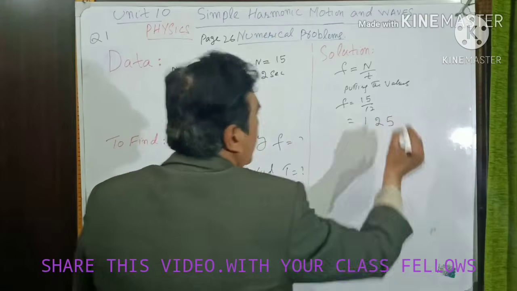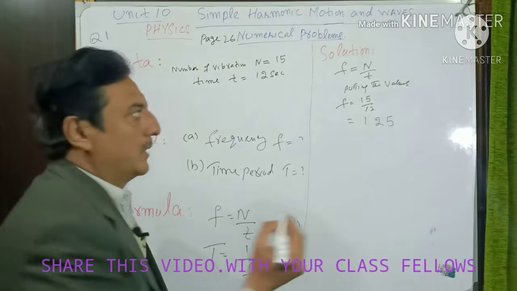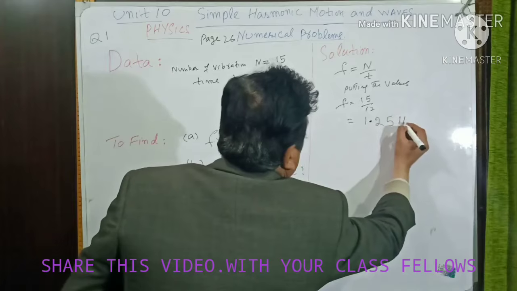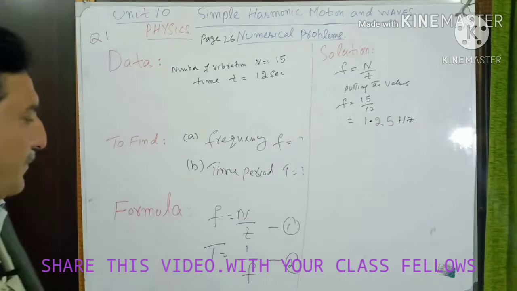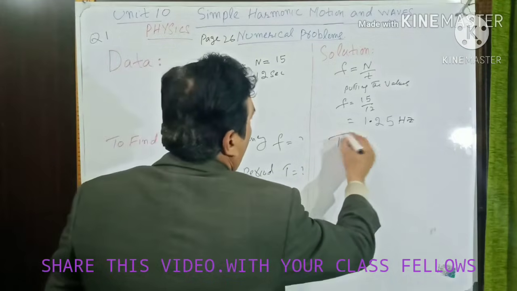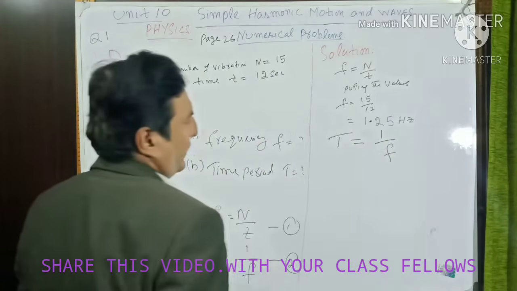After division, 15 divided by 12, we get 1.25. What is the unit of frequency? Yes, hertz. The next is time period. T is equal to 1 by f.